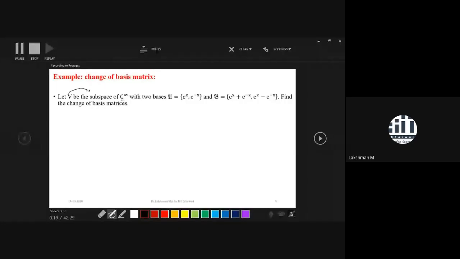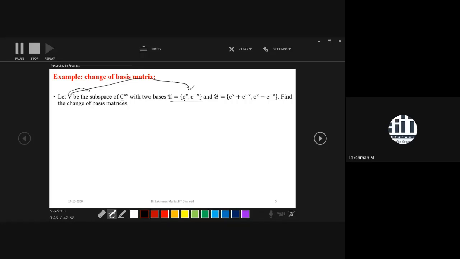Every subspace is a linear space within itself, so V will behave like a linear space. Suppose V is a two-dimensional subspace of C infinity, and it has two bases.